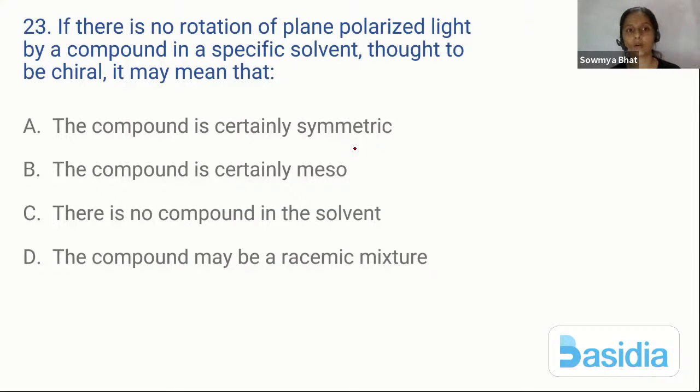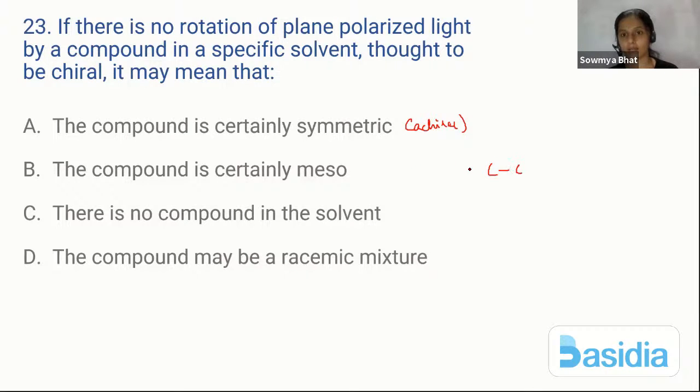Options given are: the compound is certainly symmetric. So this need not be, because they have mentioned the specific solvent and there is no rotation of the plane polarized light, which is thought to be chiral. So the symmetric is chiral. So this can't be the answer. The compound is certainly a meso.